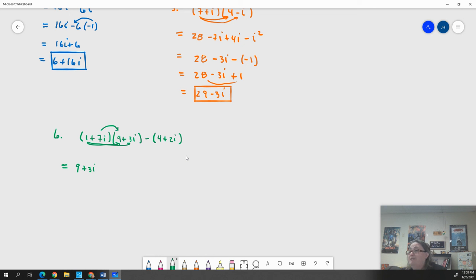What is that, 63? 7 times 9 is 63. Plus 63i. 7 times 3 is plus 21i squared, right? And then this I can just write out. I can go, okay, well, that's -4. And then this is going to be -2i.